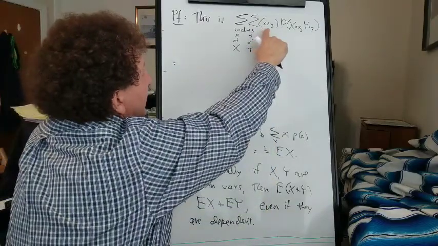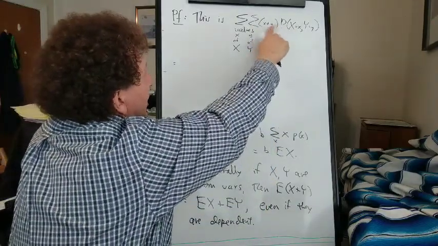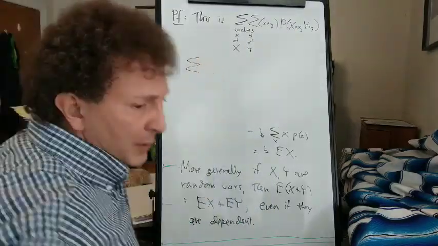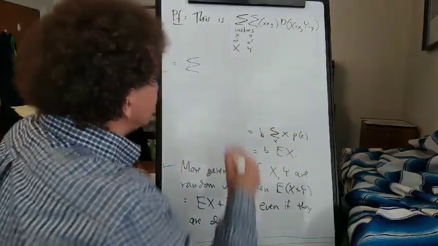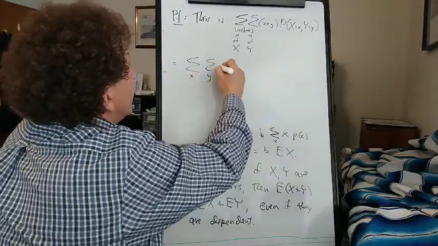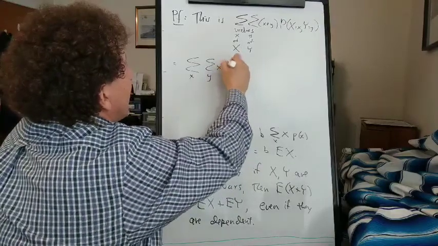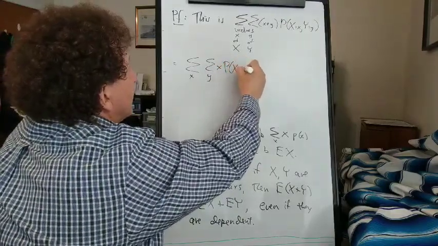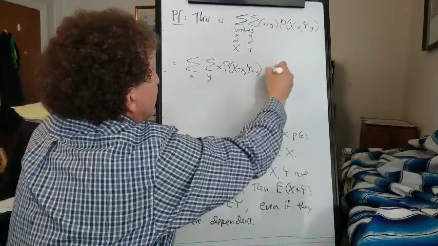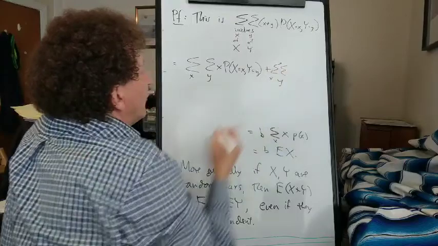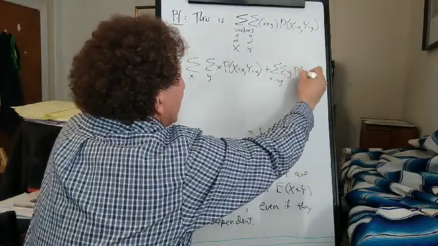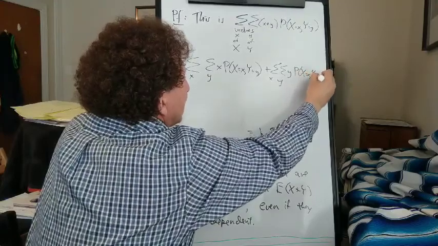Alright, now let's use the distributive law to break up this sum and the product of this probability. So this is the sum over x and y of x times the probability that capital X equals little x and capital Y equals little y, plus the sum over all values of x and y of y times the probability that capital X equals little x and capital Y equals little y.